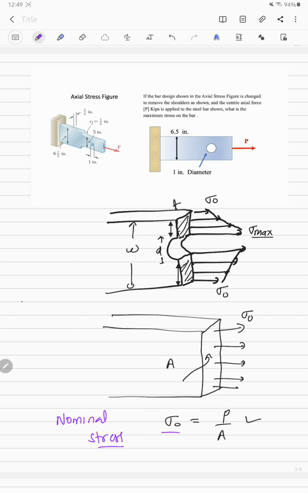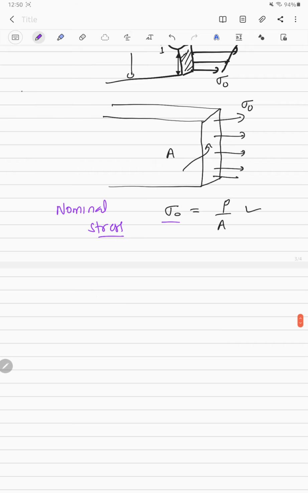If there is a discontinuity or hole, or a sudden change in cross section, then there will always be stress concentration, due to which stress will be more than the nominal stress. There is one factor we have to consider, known as the stress concentration factor KT, which is defined as maximum stress divided by nominal stress.